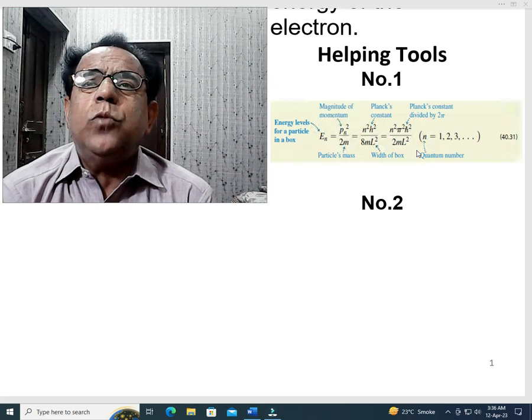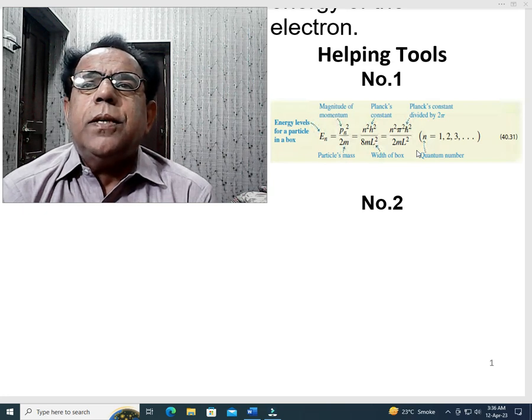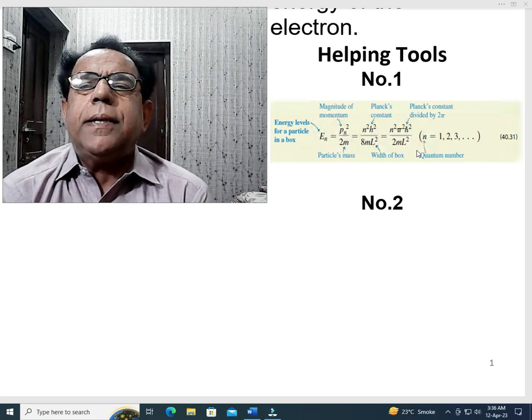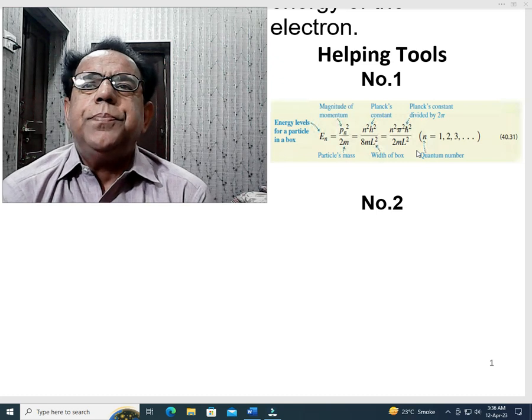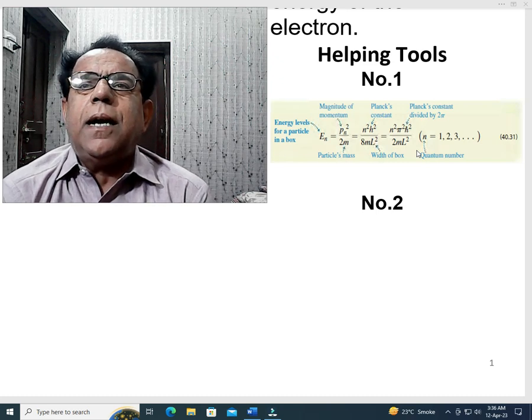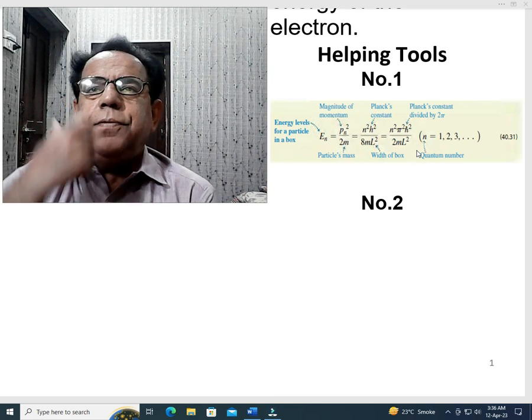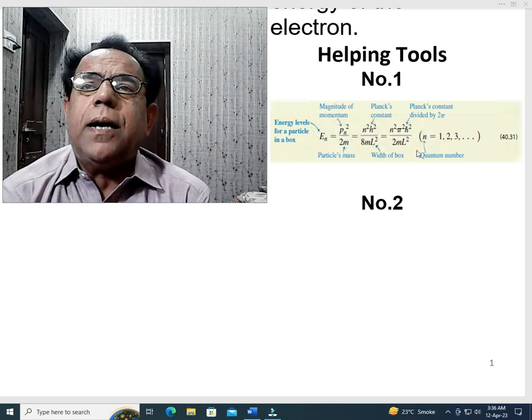En is equal to Pn square over 2m, where Pn is the magnitude of momentum, divided by 2m, where m is the particle's mass. This expression alternatively becomes equal to n square h square divided by 8m capital L square, where h is Planck's constant.